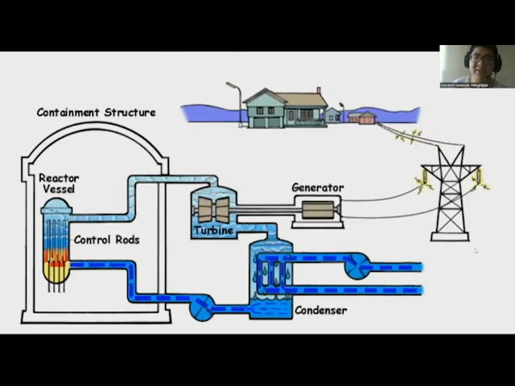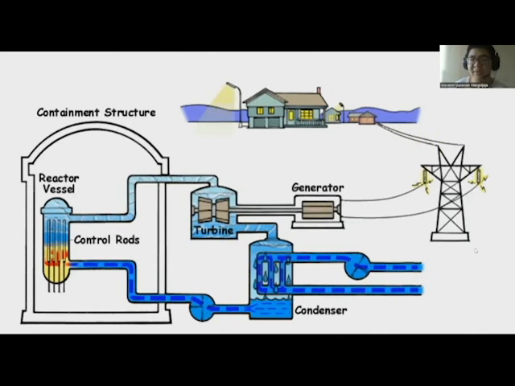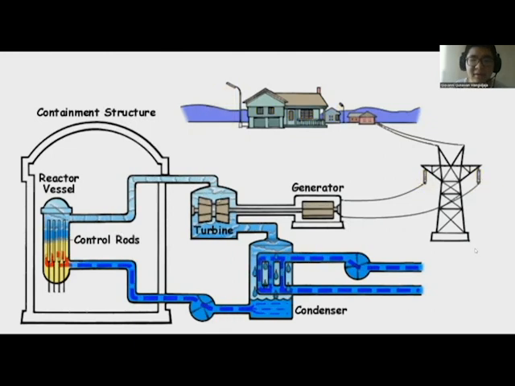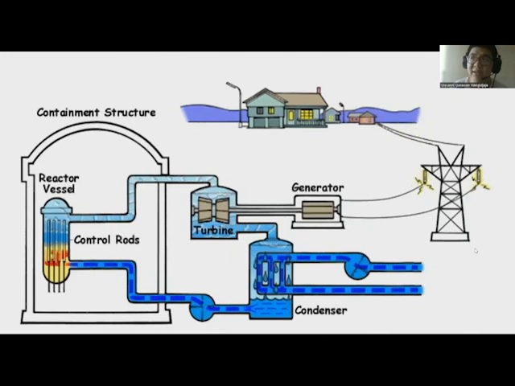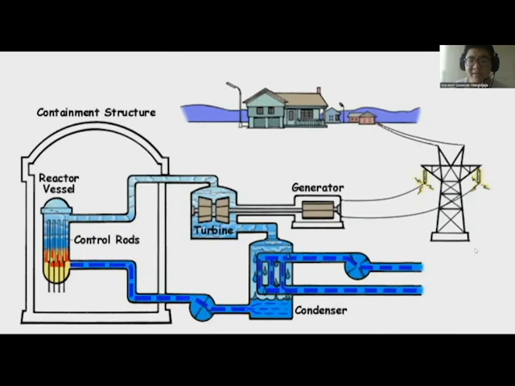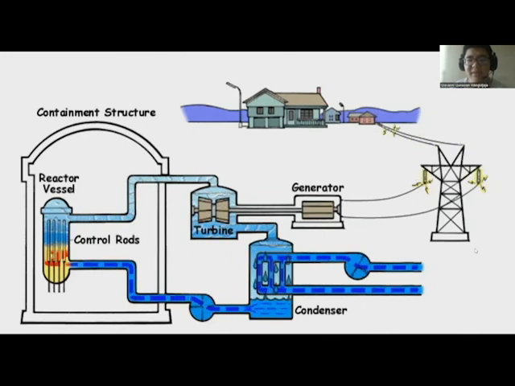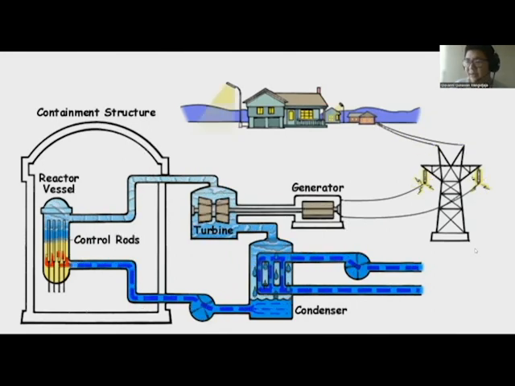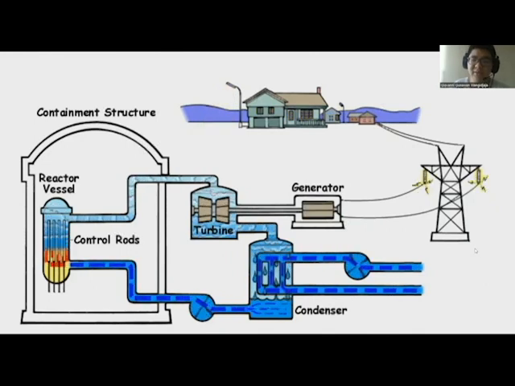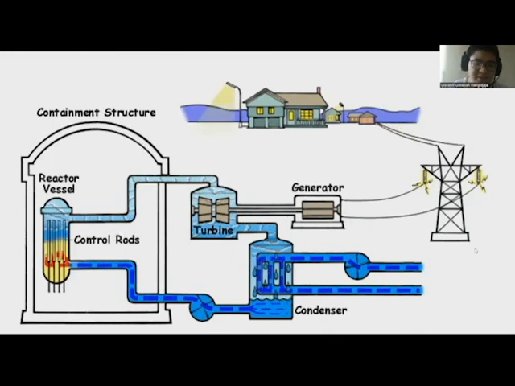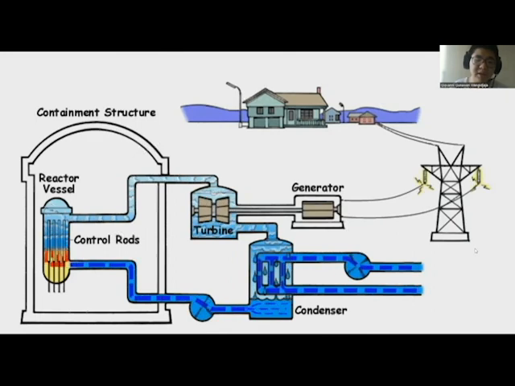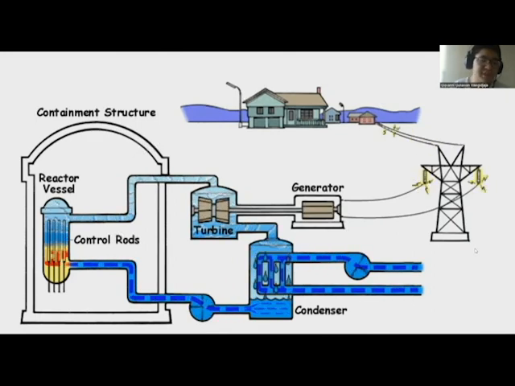Others are geothermal power plants, which use the heat from the Earth's core. All of this heat is used in the boiler units, which heat up the water and turn it to steam.